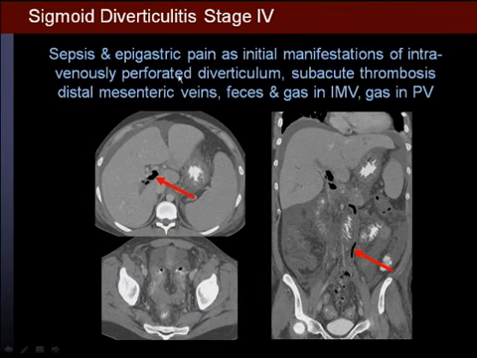This explains the subacute thrombosis of the distal mesenteric veins and then the gas within the inferior mesenteric vein and within the portal vein because of this perforation here in the diverticulum in the sigmoid, and the patient had also free fluid around the liver indicating generalized peritonitis.